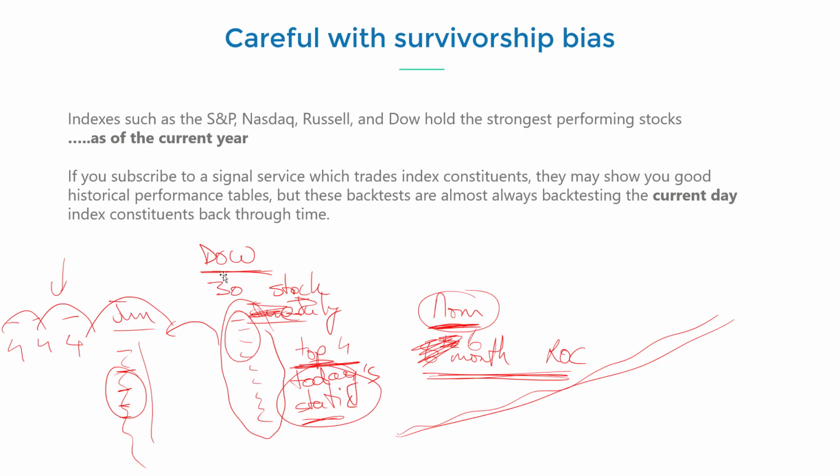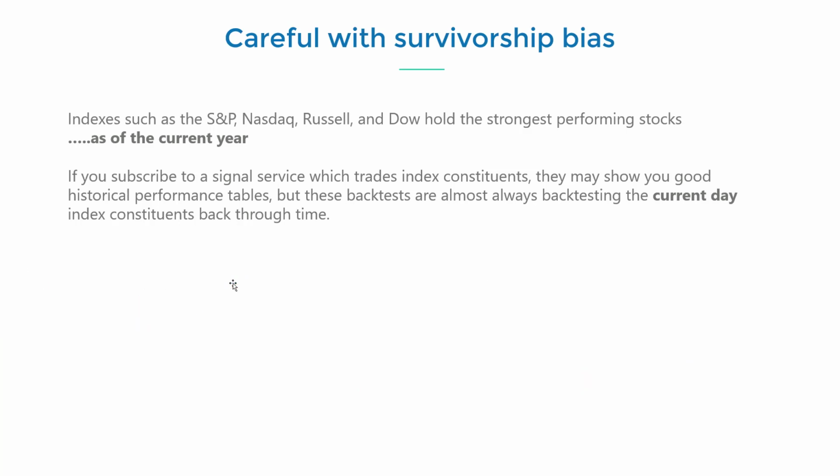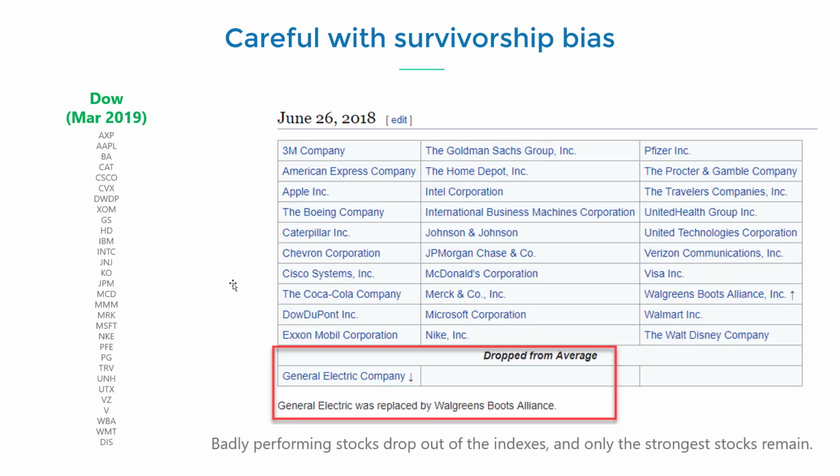The Dow itself, just as a matter of fact, like many indexes such as the S&P and the RUT, already is kind of a momentum algo, if you think about it, because the stuff that's performing badly gets thrown out and replaced with stuff that's doing well. So what they're doing is making the assumption that this list is static, and it's not. It changes from time to time. So let me demonstrate that.